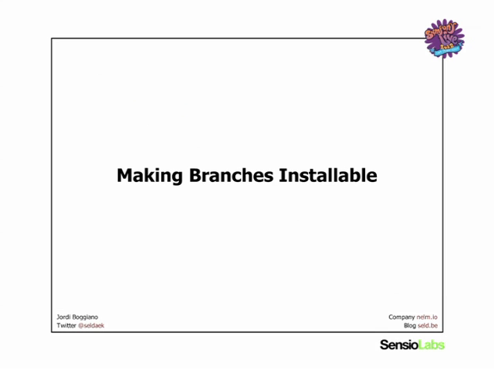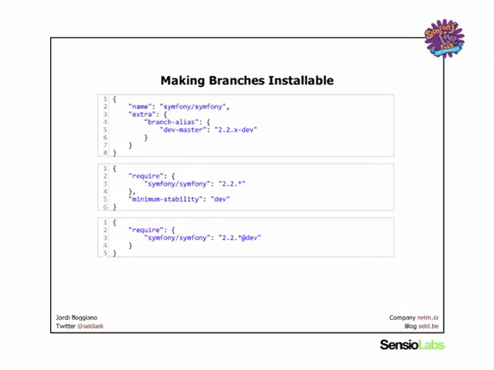So branches. You may have noticed that the dev master version of Symfony, for example, is now 2.2.x dev. The way to do this is using this branch alias. What that allows is that people can just require Symfony in version 2.2 point anything, and you can still install the master version.